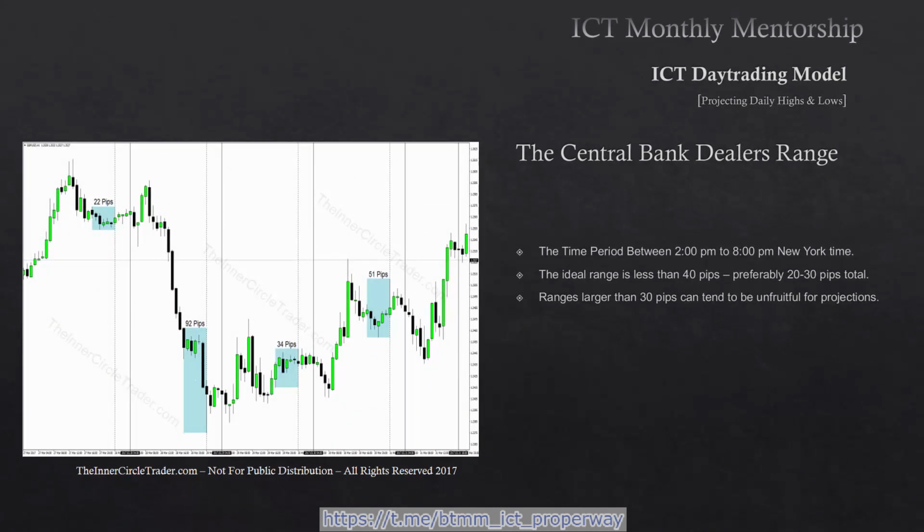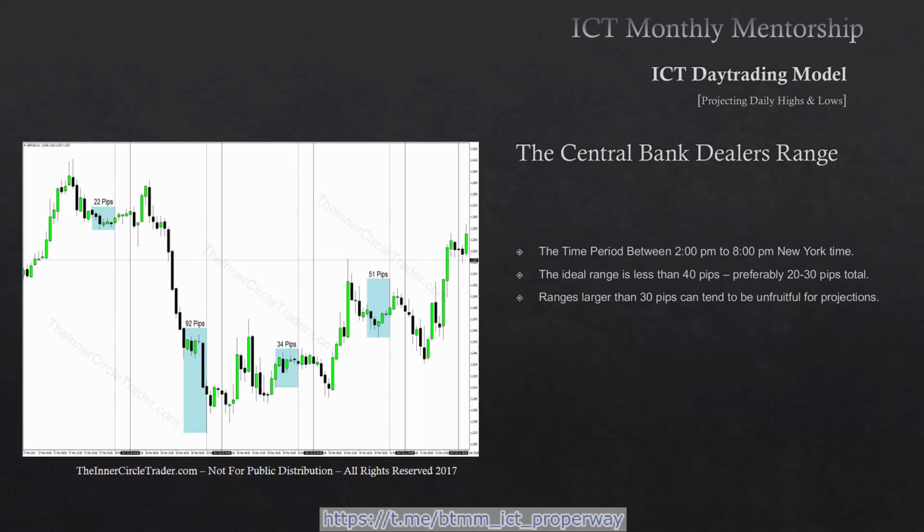Just a quick brief review, because I don't know when you're going to watch lesson 3 in review, so I'm going to use these slides again because it's salient for this topic. When we look at the central bank dealers range again, the range between 2 o'clock and 8 p.m., that range is ideally best suited for our use at less than 40 pips, and again, preferably 20 to 30 pips.